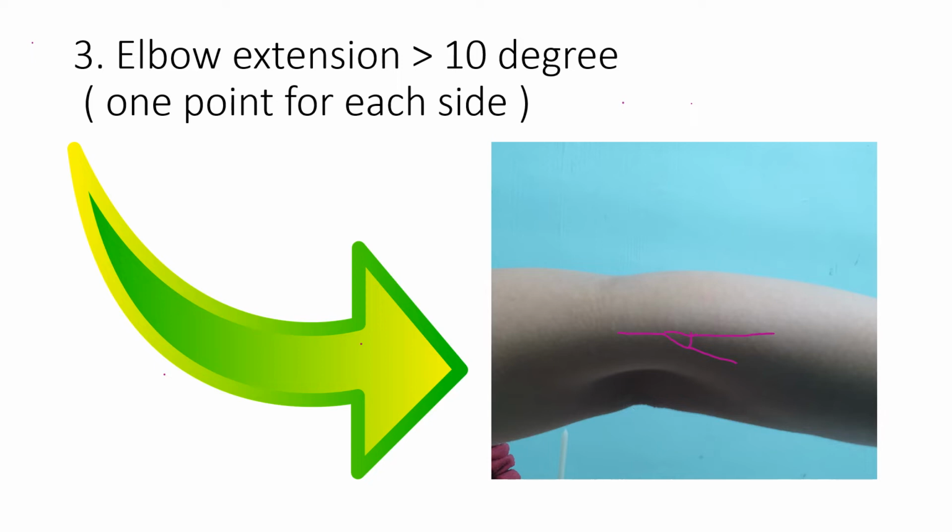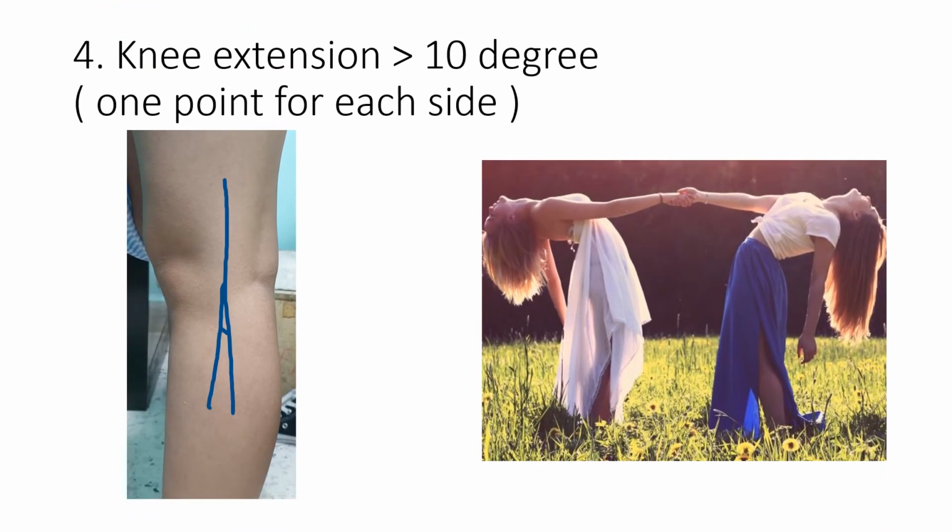If the extension of the elbow is less than 10 degree, 0 point will be given. For number 4, if the knee extension is more than 10 degree, 1 point for each side will be given. Example, if the right knee is able to hyperextend beyond the 10 degree, 1 point will be given to the patient.